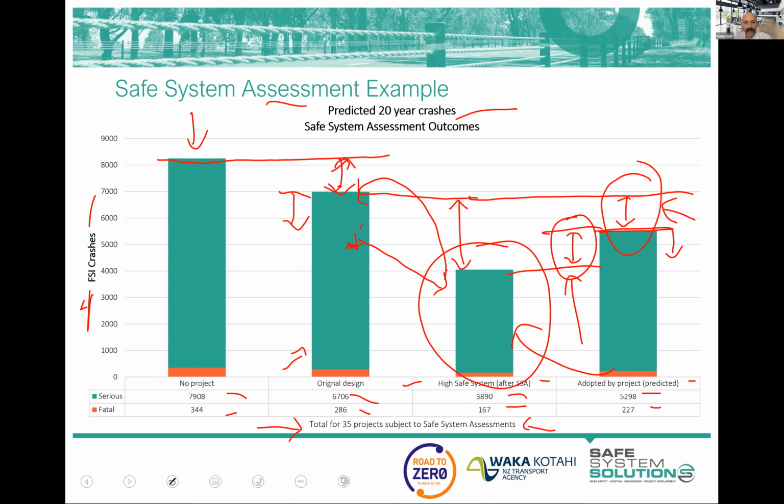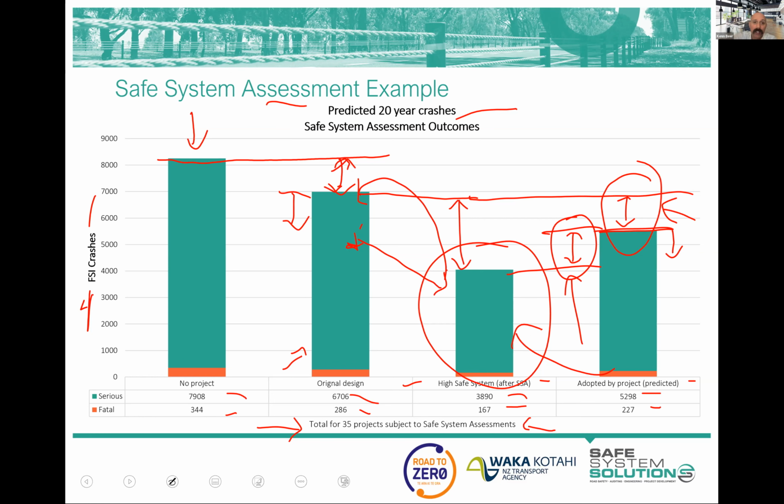We also need the other elements of the system to really start to play on this one. We need legislative change. We need new automotive design rules. We need enforcement regimes, licensing systems, vehicle technologies, and all of that to innovate and move us to get this down.